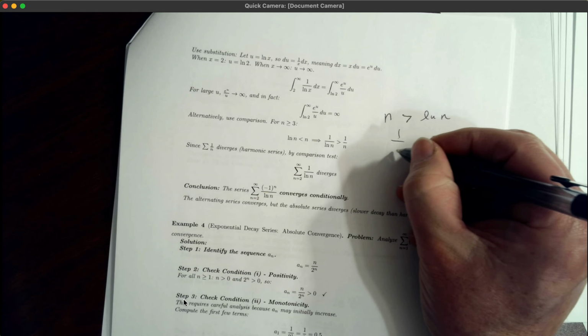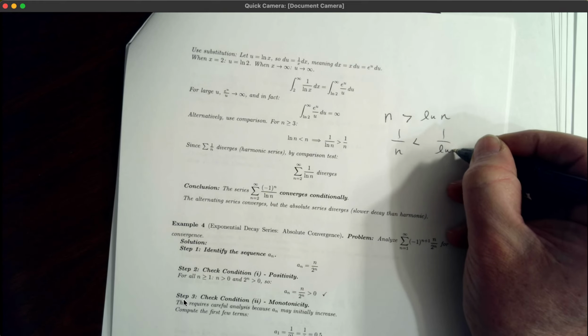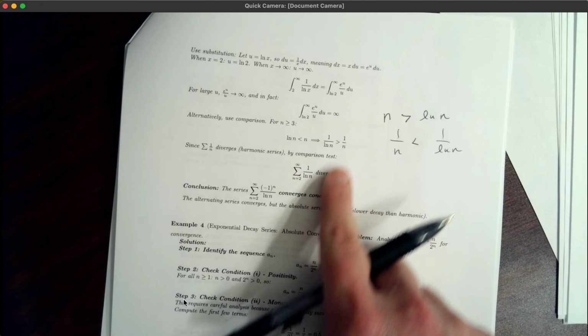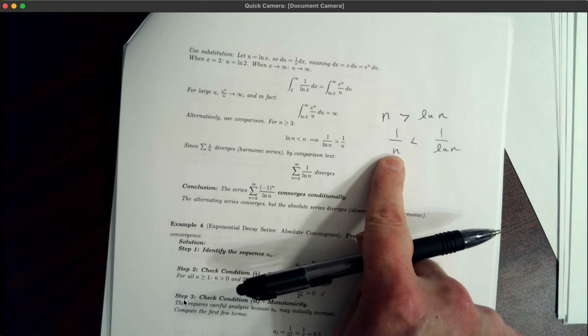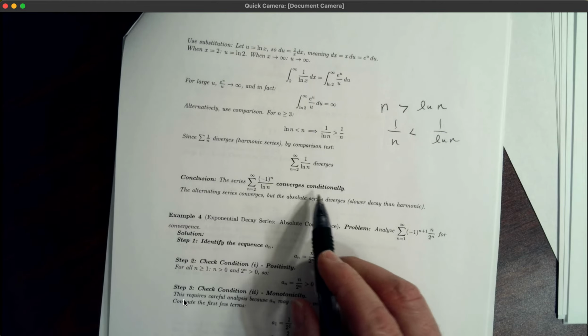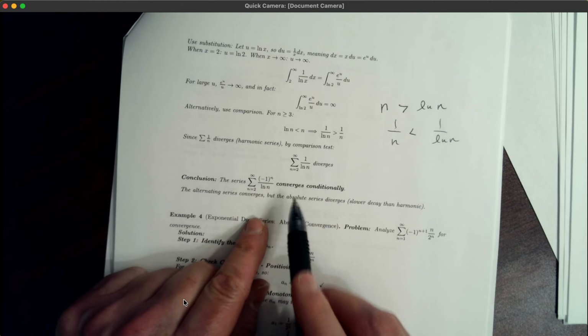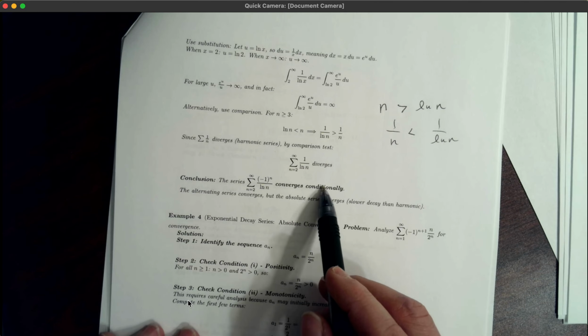So 1 over n must be smaller than 1 over natural log of n. So by the comparison test, this series must diverge because the harmonic series diverges. So the conclusion here is that the series converges conditionally.